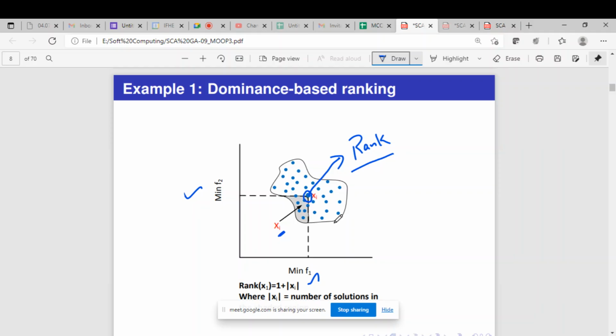Now, what is the definition of rank? Put it in words.